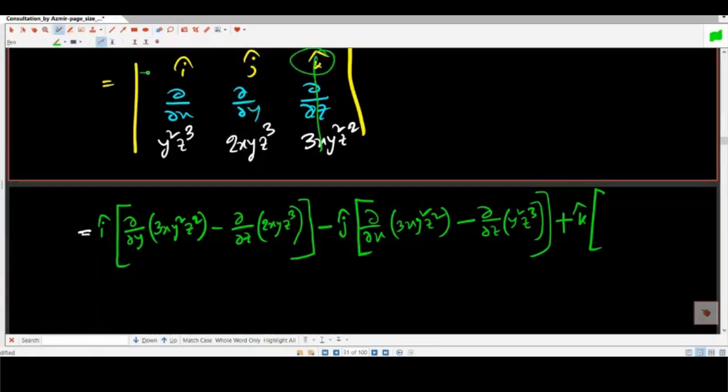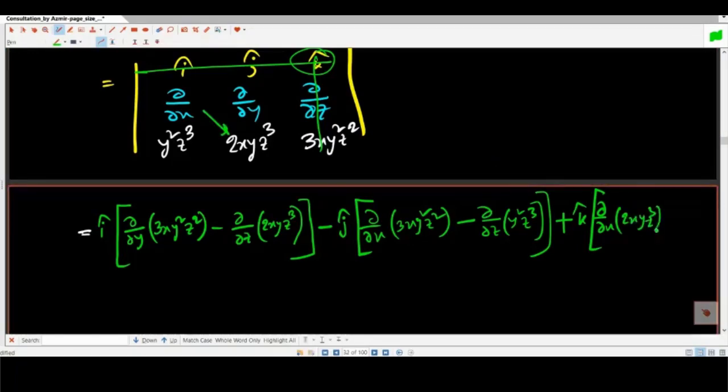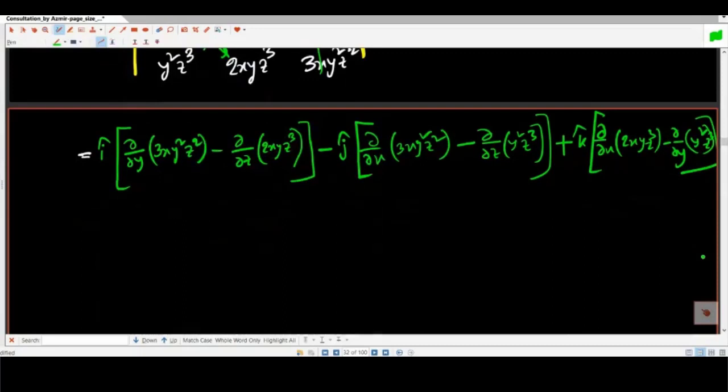That means this column and this row will not be considered. We have ddx of 2x y z cubed negative ddy of y squared z cubed. So this is the curl of f.